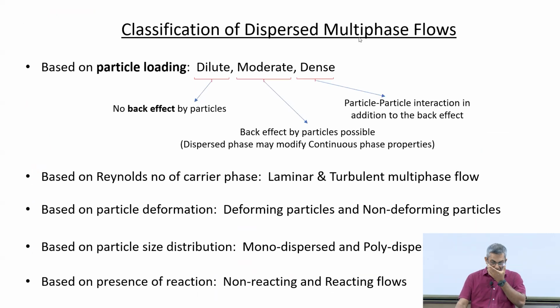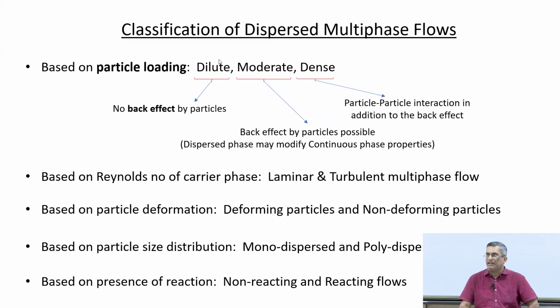We can also classify dispersed multiphase flows based on particle loading, Reynolds number of the carrier phase, particle deformation, particle size distribution, presence of reaction, etc. The first one is the most important classification.